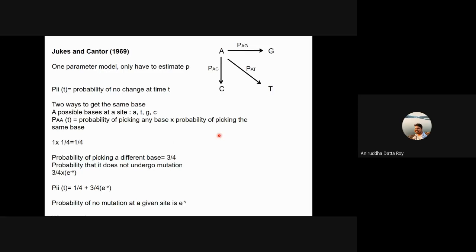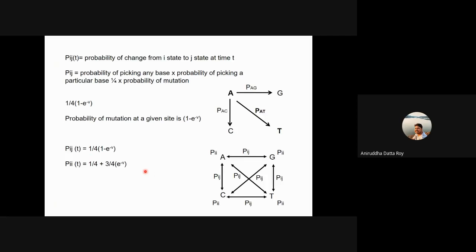I'm not going to derive how we actually get this Pii and Pij, but I want you to remember these formulas. Pii given time t is 1/4 plus 3/4 times e to the power minus v, and Pij is 1/4 times (1 minus e to the power of minus v).